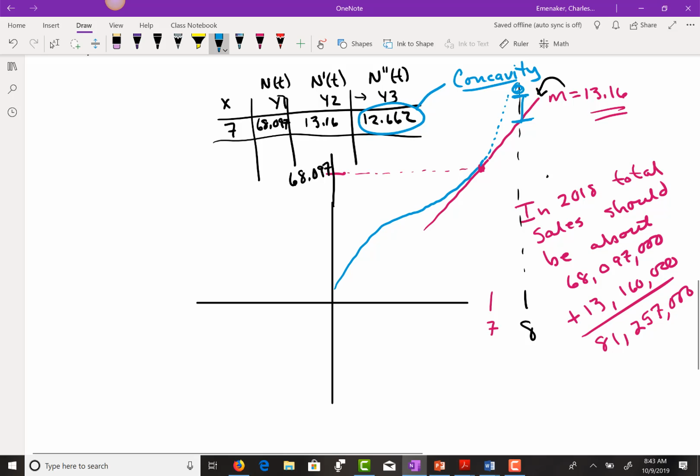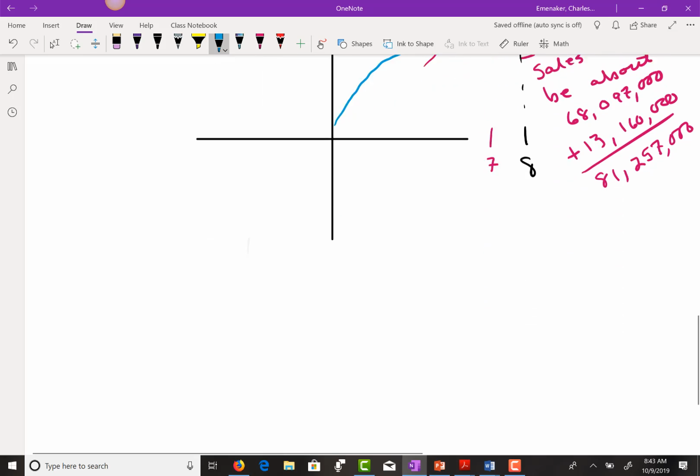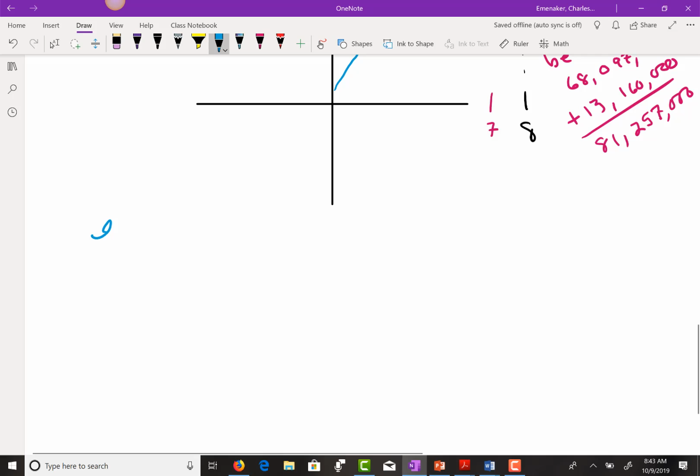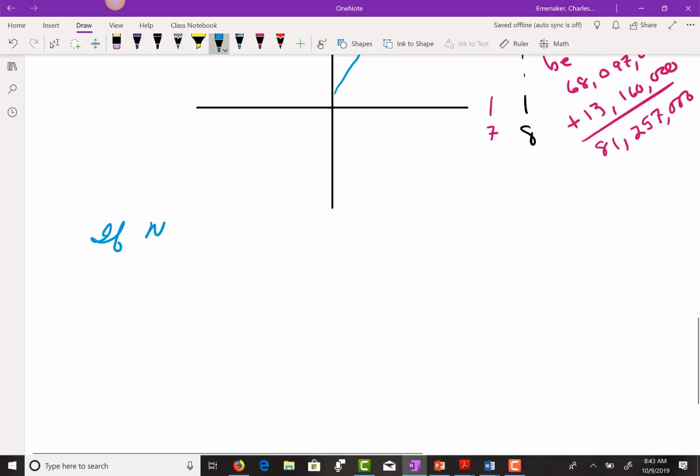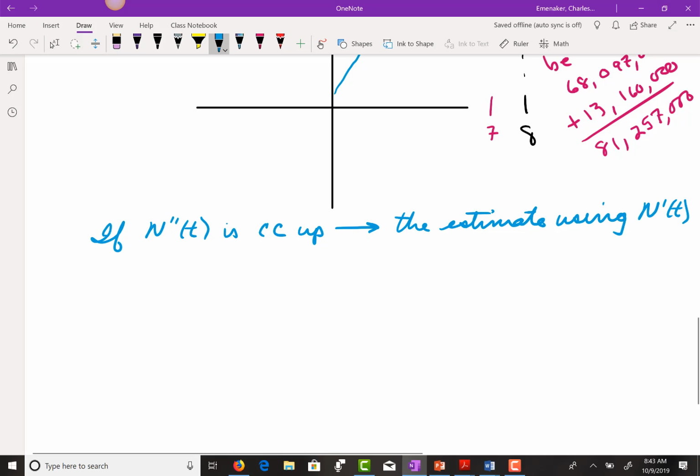If the second derivative is concave up, this tells us that the estimate using the first derivative will be low.